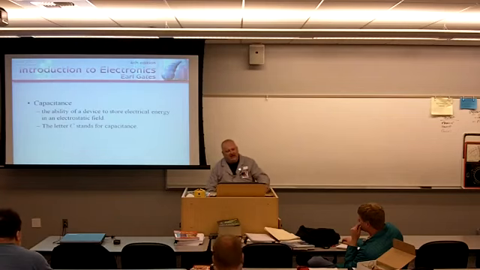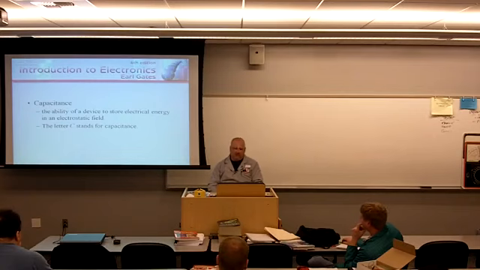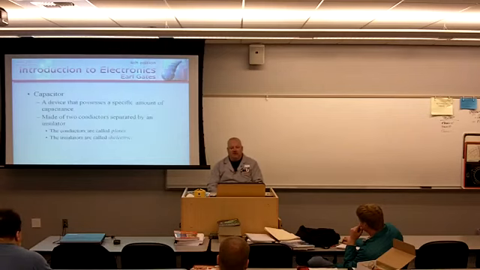So inside a schematic diagram, if you see a letter C, it's a capacitor. If you see C22, it's capacitor number 22 in the circuit. C47, capacitor number 47. A capacitor is a device that possesses a specific amount of capacitance.